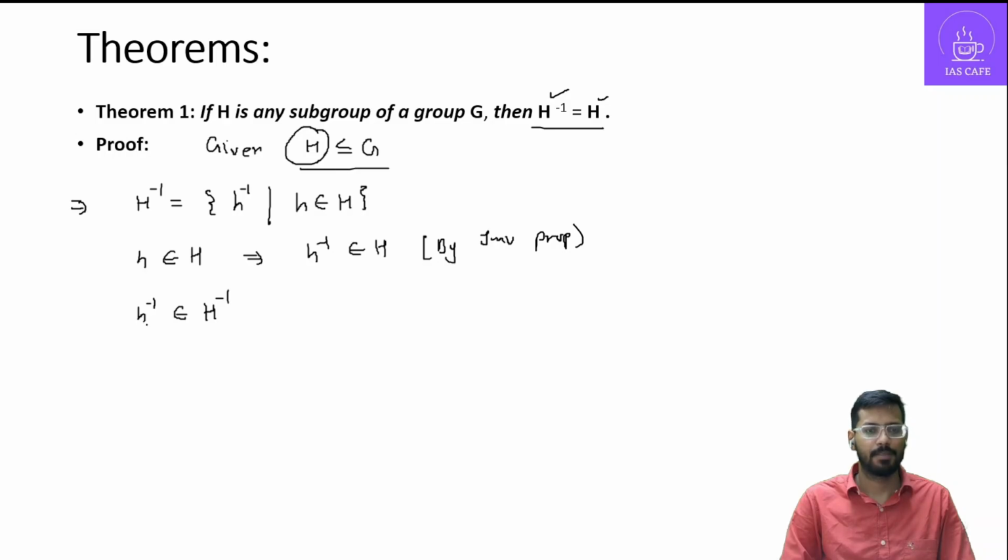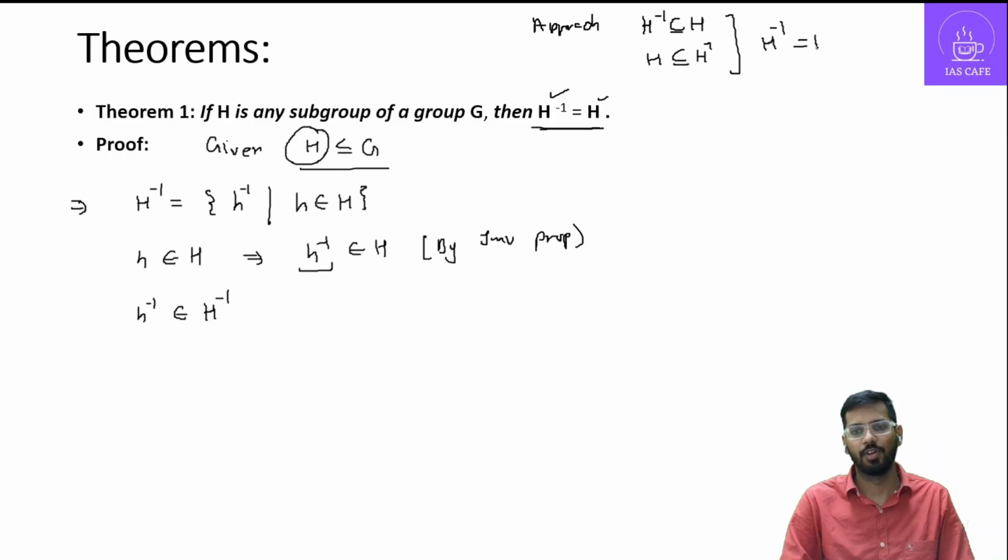Now, whenever we have to prove two sets equal, our approach will be to show H inverse is a subset of H, and H is a subset of H inverse. From these two we can write H inverse is equal to H.